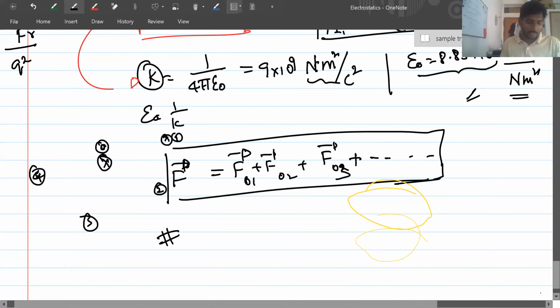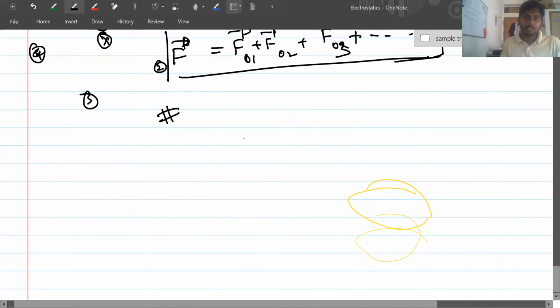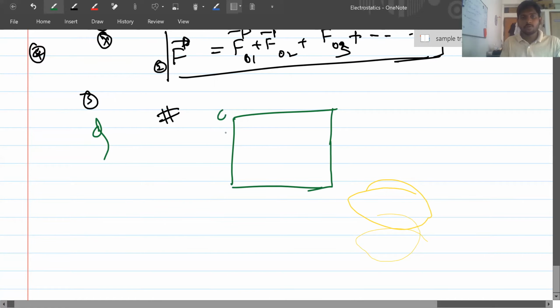Then take one example question. Four equal charges are placed on the four corners of a square.